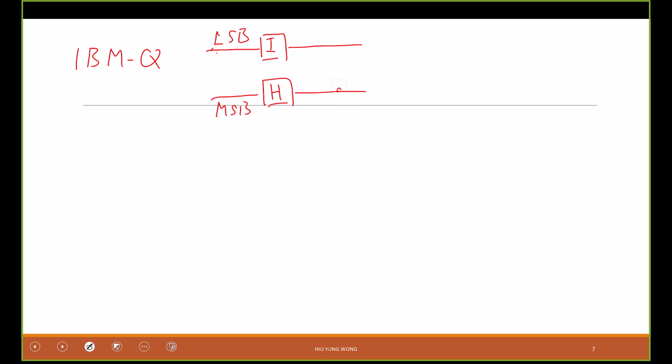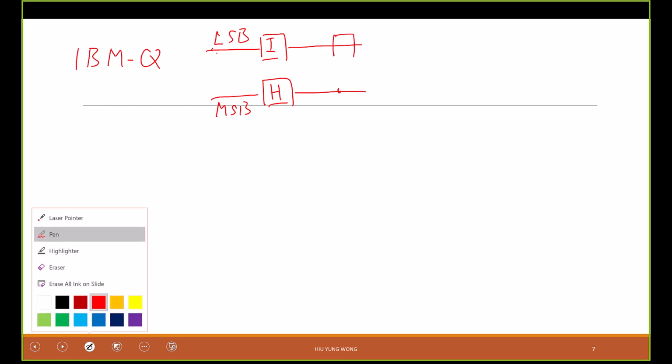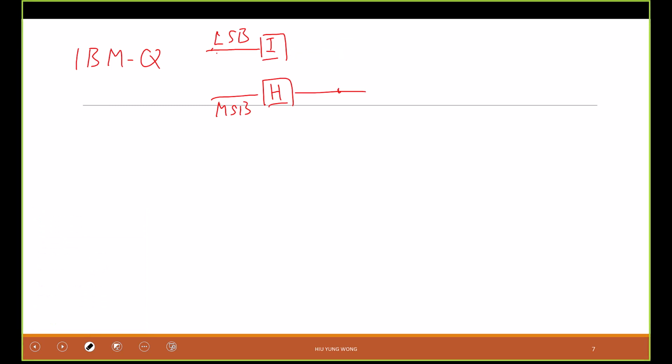The controlling qubit is still the MSB being the controlling qubit, but we just draw it at the bottom. And that's it. And we still have the same equation, right? Same equation. You just need to arrange it well.